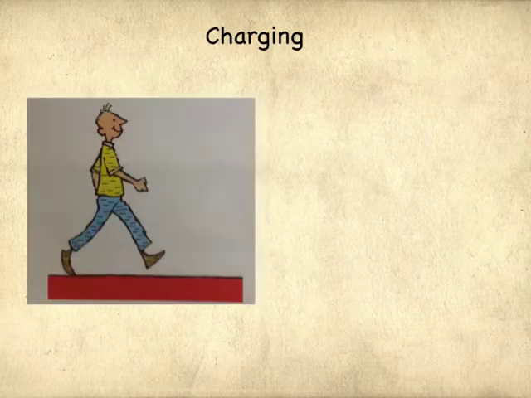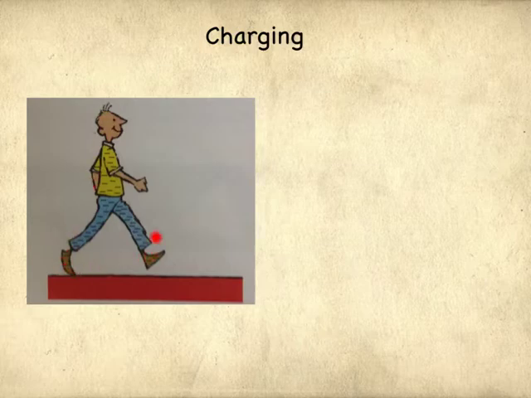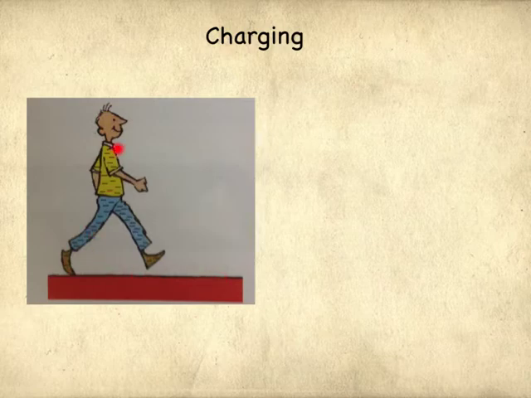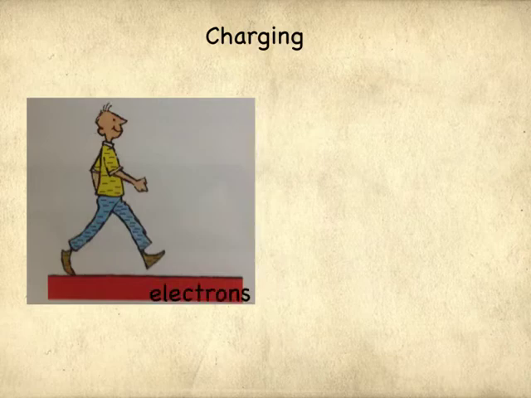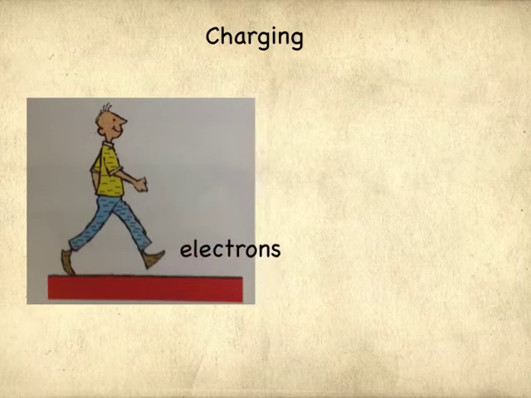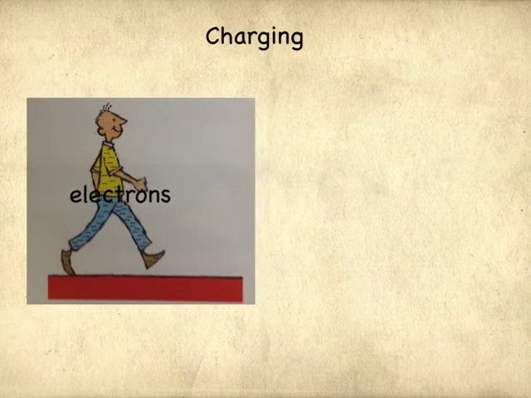Now on this picture we can see a man who is himself an insulator walking along a carpet, which again is another insulator. Now when these two materials rub against each other, you can see here that the man has become negatively charged, and that's because electrons are moving from the carpet onto the man.